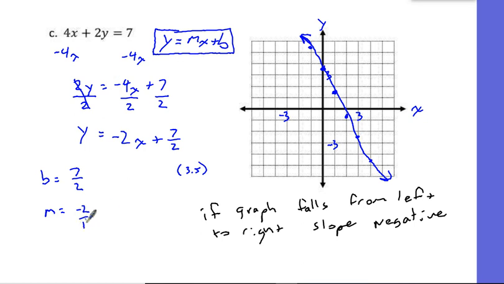You know, this is a negative slope. Is the line falling from left to right? This helps you determine if you did count the slope correctly, rise over run.